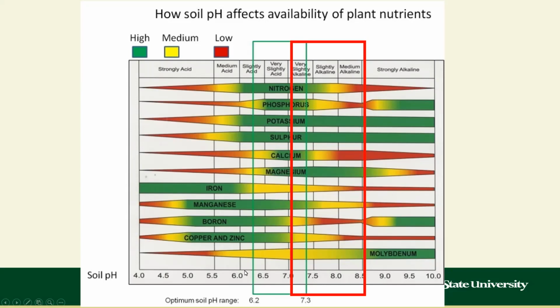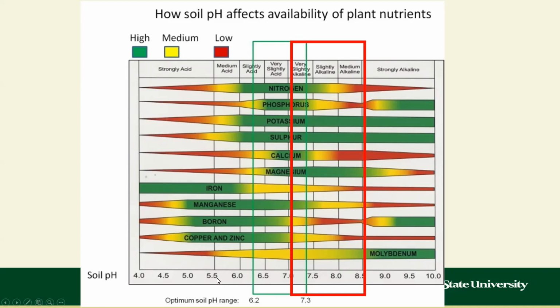And then if you get to the lower pHs, like down around 5, then that's really considered acidic. And while blueberries do good in an acidic soil, most other plants won't.